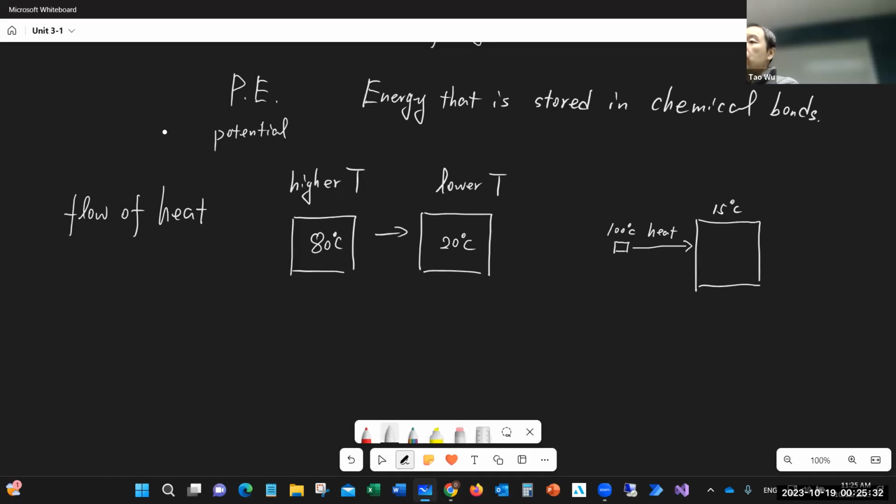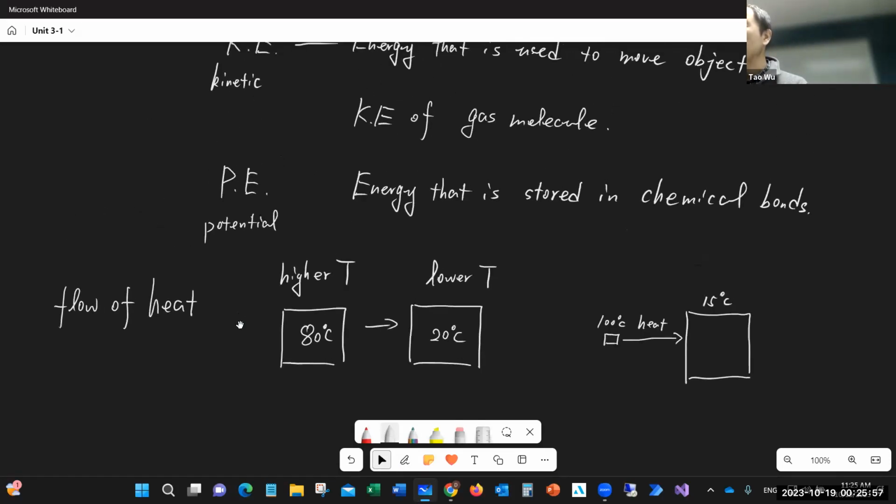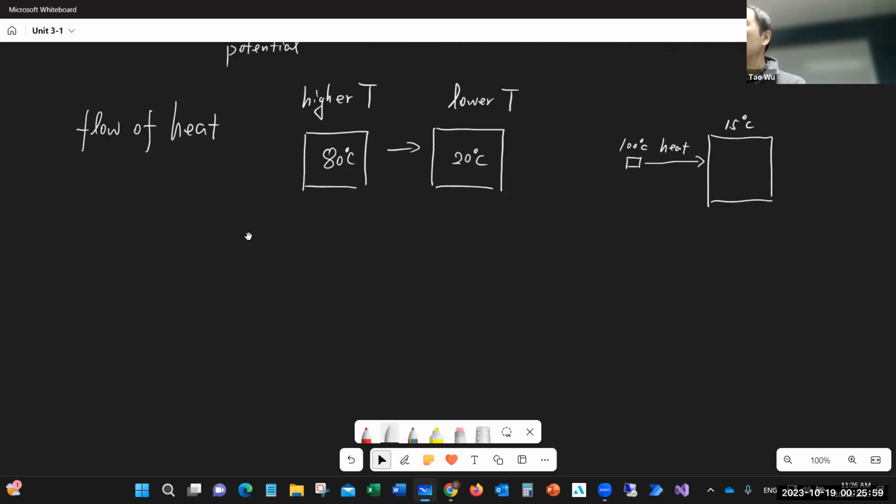So this 80 Celsius object is releasing heat, and meanwhile this 20 Celsius object is receiving heat. One is giving out, the other is receiving. The total amount of heat should be the same. Otherwise, that would violate the law of thermochemistry.